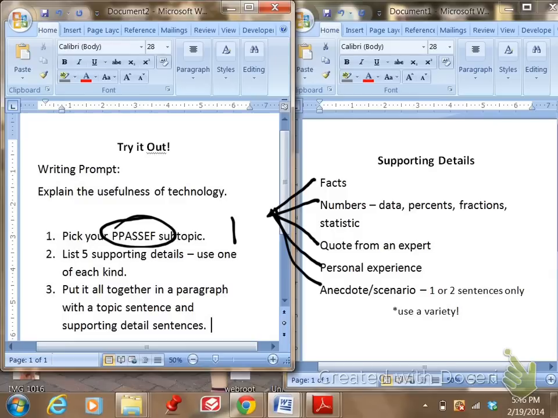And then I want you to put it all together in a paragraph. You're going to have a topic sentence, and then I want you to pick 3 of the 5 supporting details that you came up with. Pick 3 of your best ones and include those in the paragraph. And then look for information on Edmodo for how to submit.